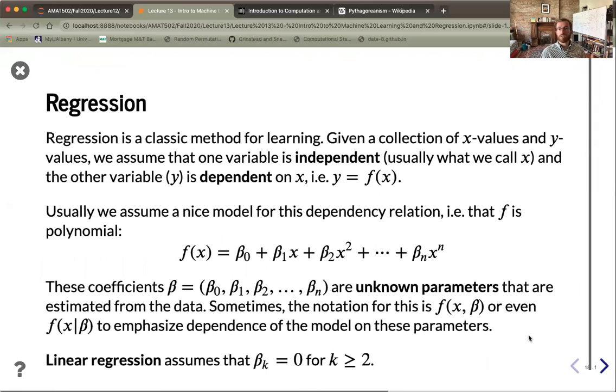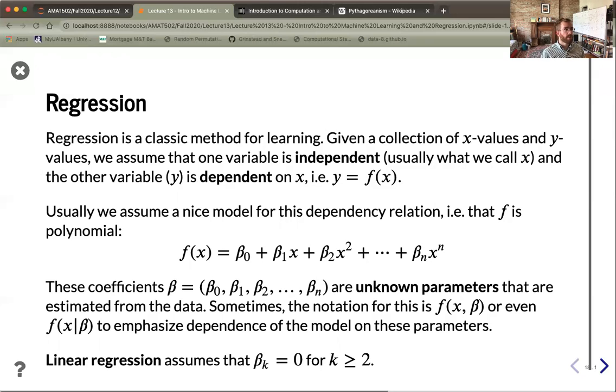So how do we get these trends? The classic method for learning when we have these sort of number sequences and associated values is called regression. So given a collection of x values and y values, we're going to assume that one variable is independent. This is usually the x variable, and another variable y, which is dependent on x. So that means that y depends via the function f on x.